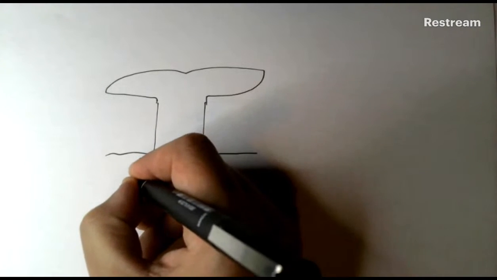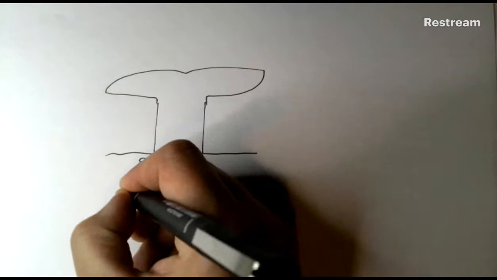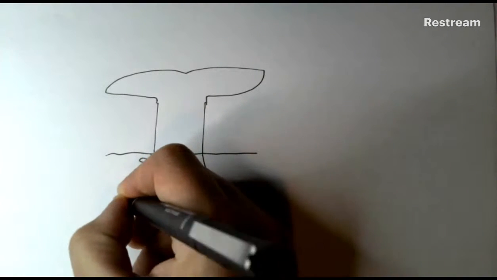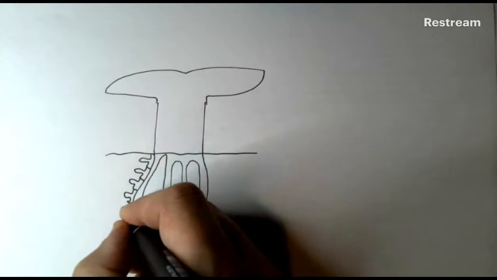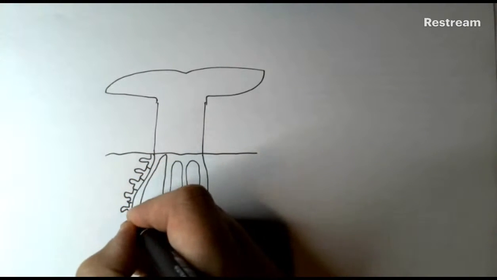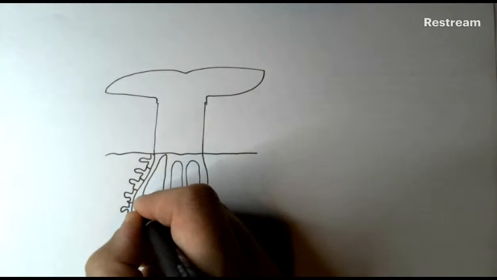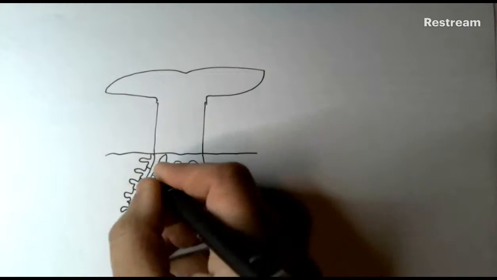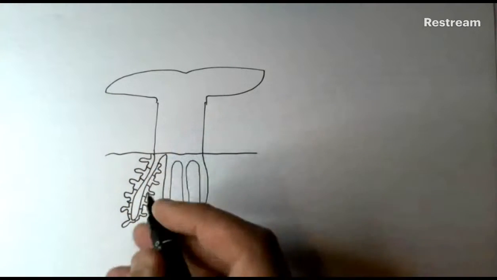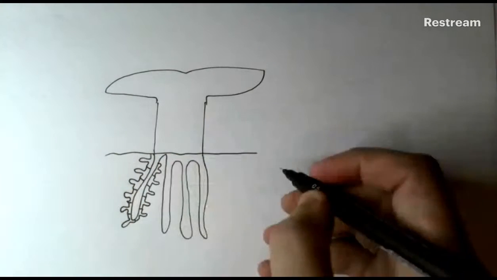Now let's think about why there are root hair cells. This is just a representation of root hair cells. I'm only going to draw them on here, just the one. So these here are root hair cells. Now let's think about why there are root hair cells.